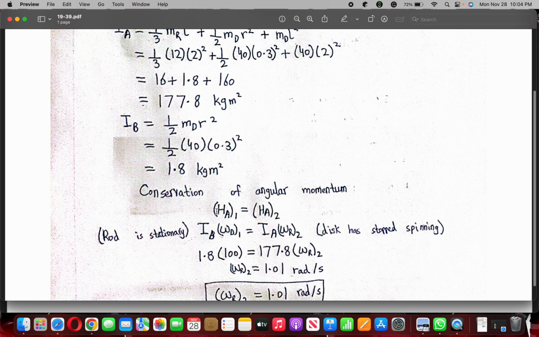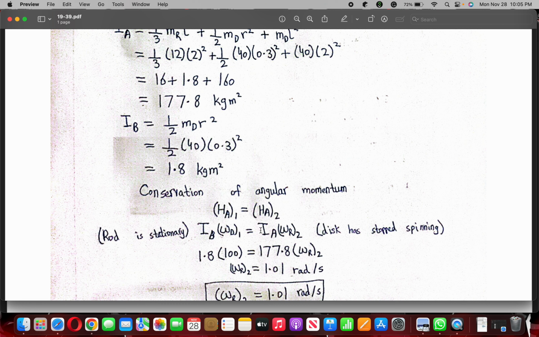So at state 1 the rod is stationary, and I_B, which is the disc, multiplied by the angular velocity of the disc, which is 100, is equal to I_A, which is the whole rod and disc, multiplied by the angular velocity of the rod, which is what we have to find.